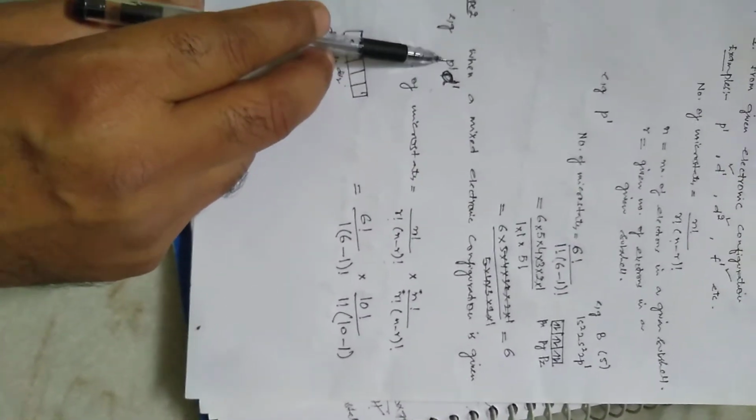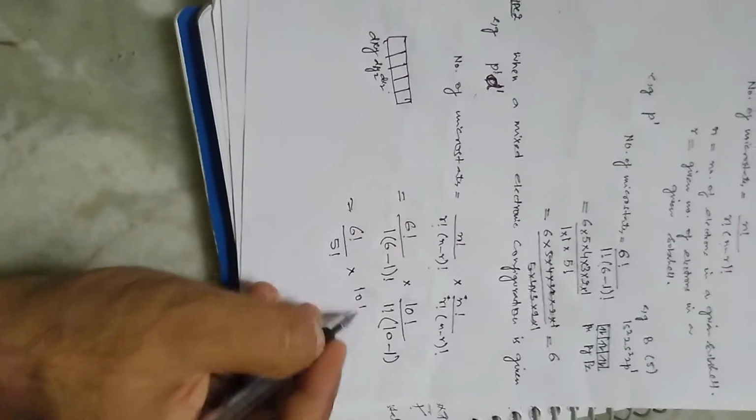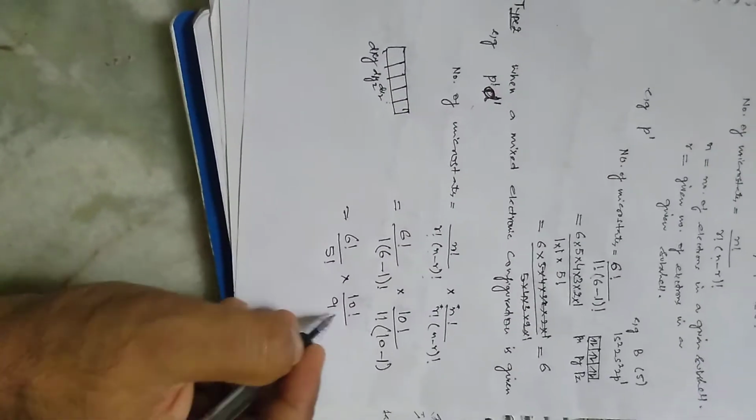So the given number of electrons is 1, into n minus r, so it is 10 minus 1, because we are given the d1 electronic configuration here and p1 here. So it's as simple as that. 6 factorial divided by 6 minus 1, which is 5 factorial, into 10 factorial divided by 10 minus 1, which is 9 factorial.